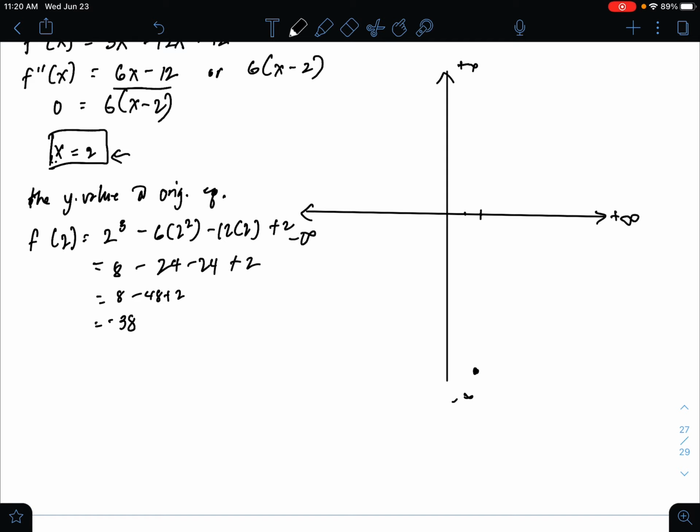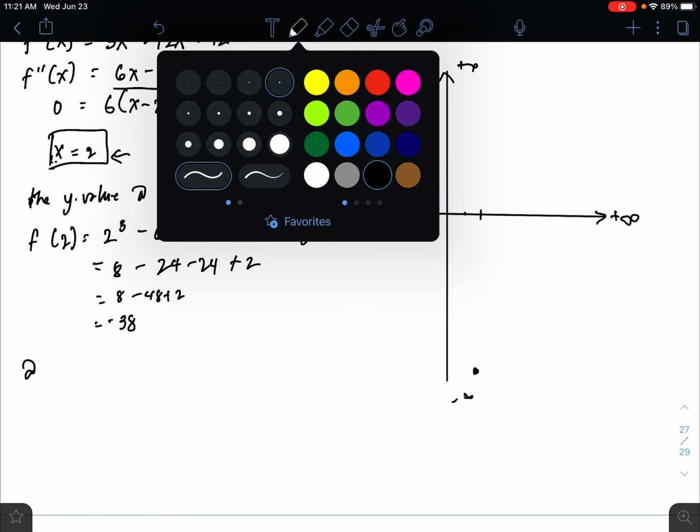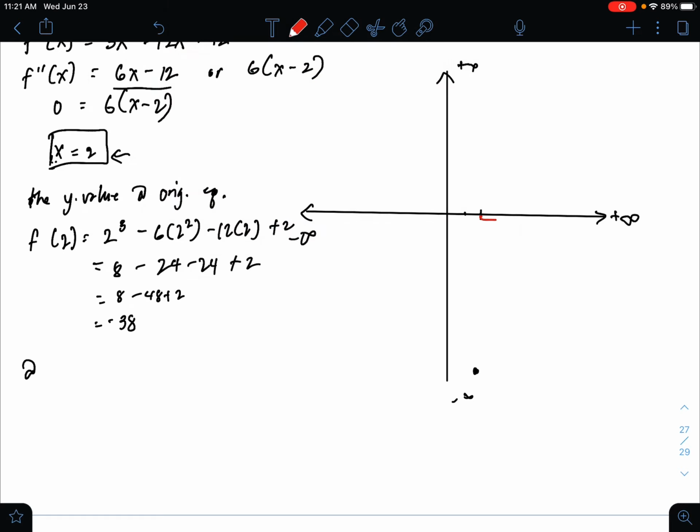So para mabalaan nato ang concavity sa less than 2 ug greater than 2, we will know the intervals. So at interval greater than 2, so sa right ani diri na interval, so diri na interval, no?